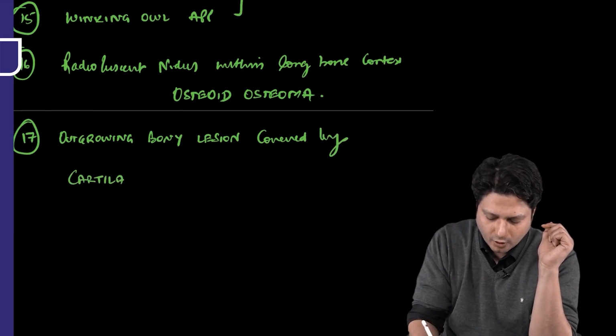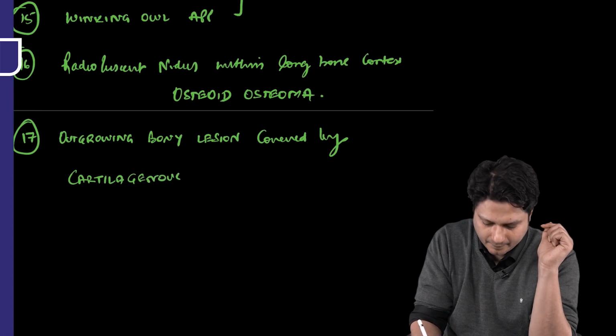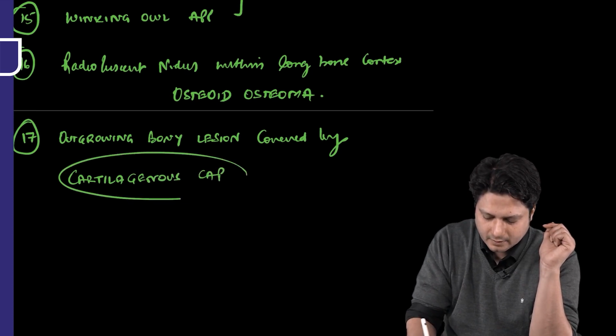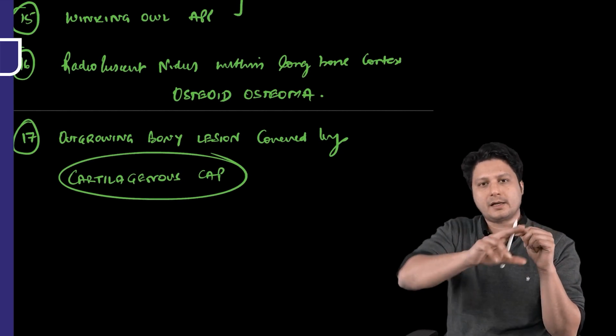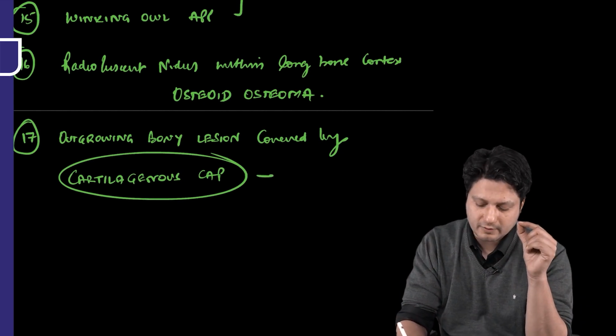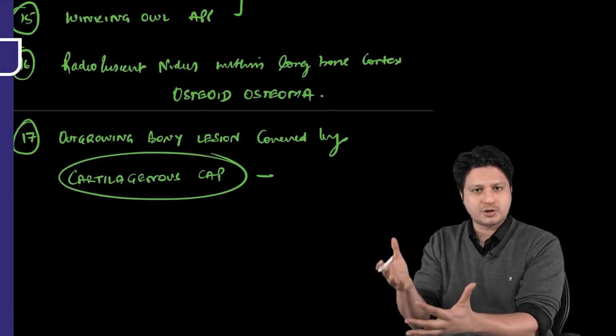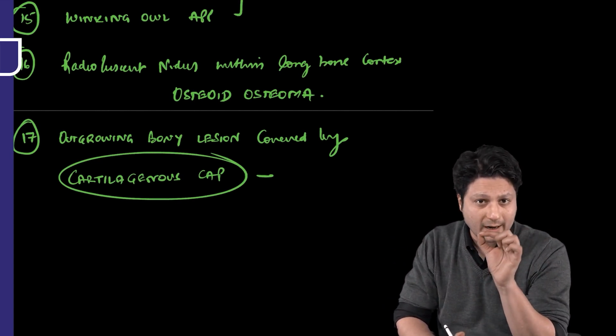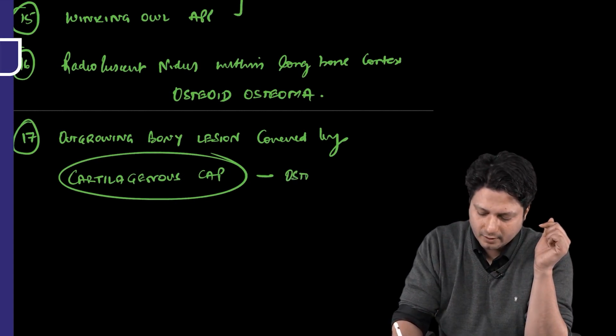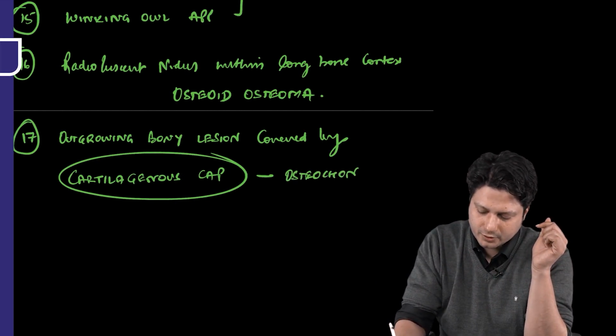Now, although you cannot see the cartilaginous cap on the X-rays, it is just for the purpose of introducing this term to you, so that whenever you see the word cartilaginous cap in any question or in the options, then possibly they are asking about the osteochondromatous lesion, because it is a feature for osteochondroma.